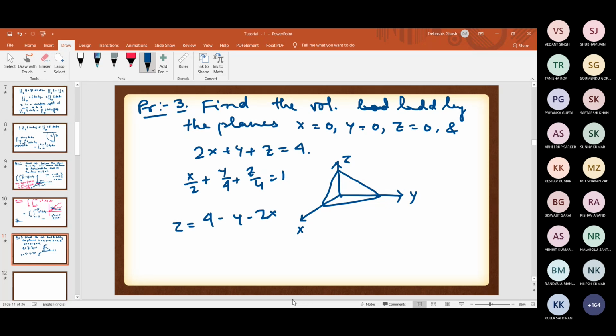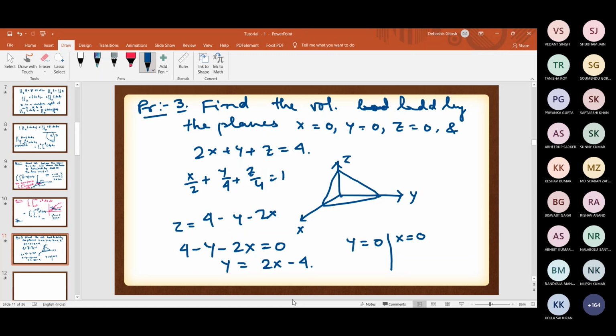Therefore you have to make 4 minus y minus 2x equals 0, and another one is y equals 0. So we can find that y equals 4 minus 2x. And similarly, you can take x equals 0 and find it in terms of y. So that is the range for your y. Once we get the range for y, we can get the range for x.